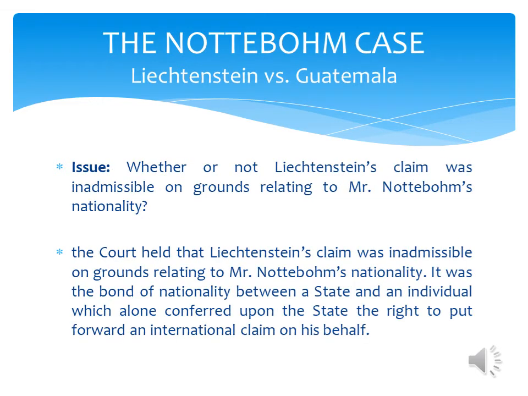The issue here is whether or not Liechtenstein's claim was inadmissible on grounds relating to Mr. Nottebohm's nationality. The court held that Liechtenstein's claim was inadmissible. It was the bond of nationality between a state and an individual which alone conferred upon the state the right to put forward an international claim on his behalf.